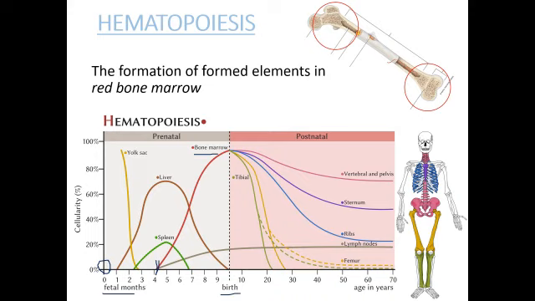You don't have developed bones really until after this particular time. And so before you have bones that have a distinct spongy bone versus compact bone, essentially all of your formed elements are going to be created somewhere else. And even that changes. First of all, before you even have organs, the yolk sac, yes, humans have a yolk sac.